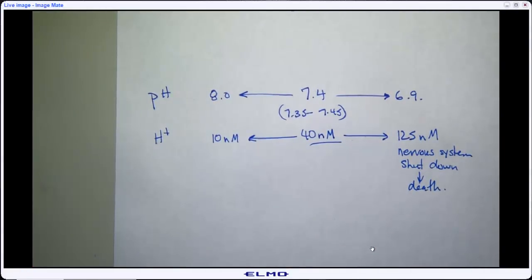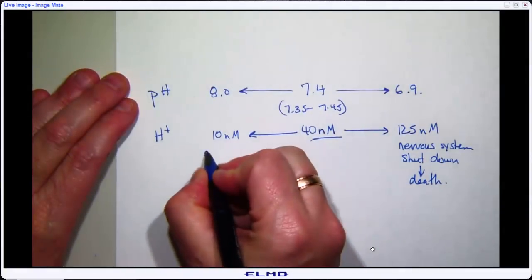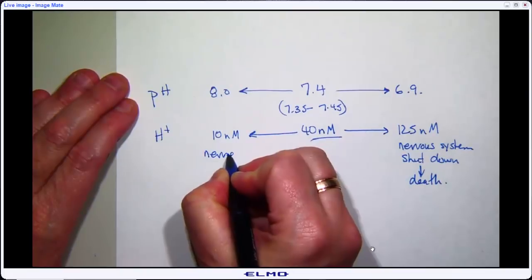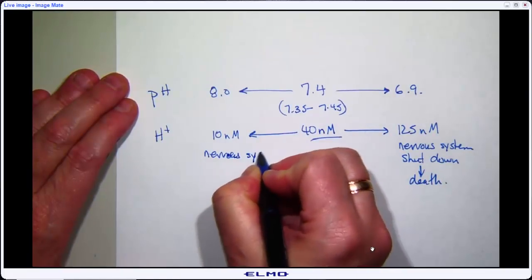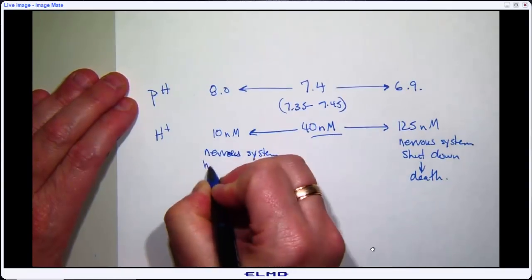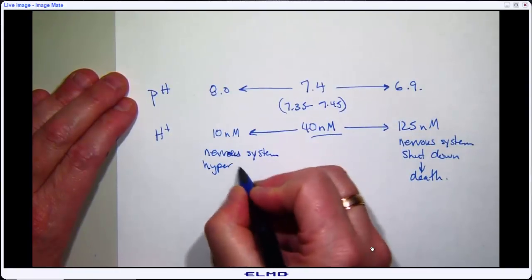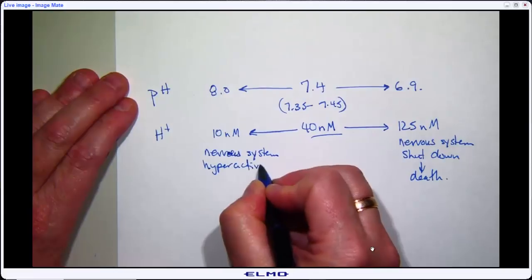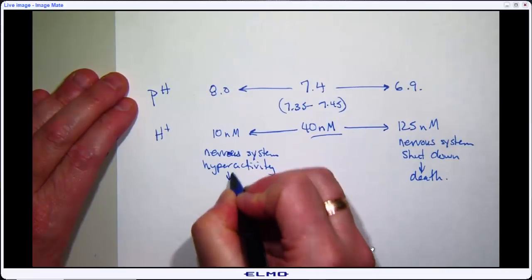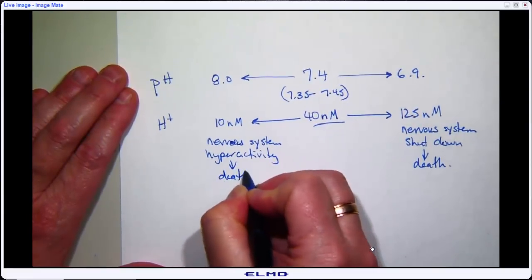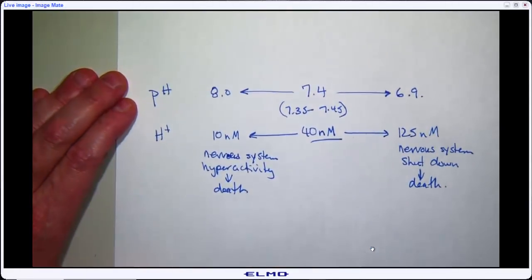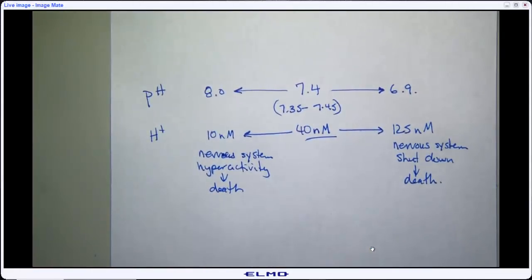Okay, so very small drops in free hydrogen ion concentration, you're going to get nervous system hyperactivity and death. Okay, so we are wicked sensitive here.